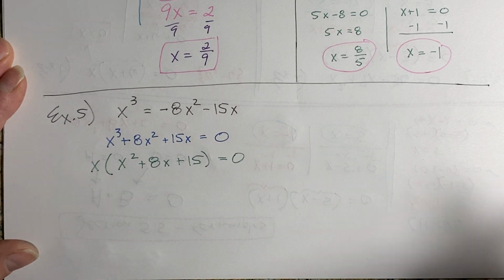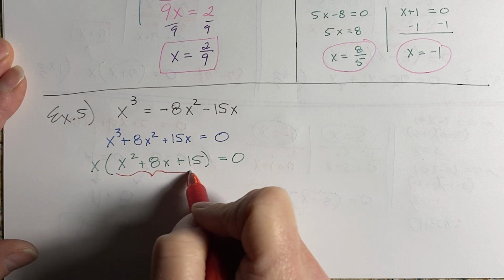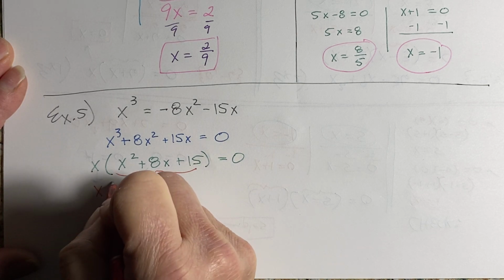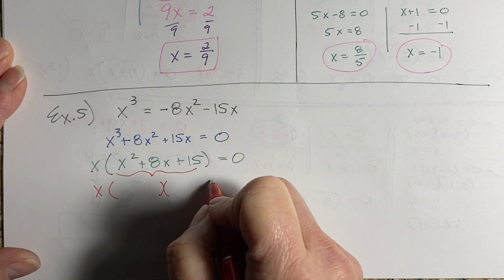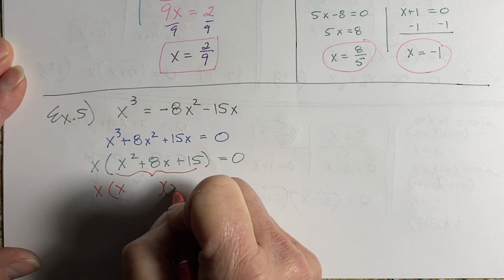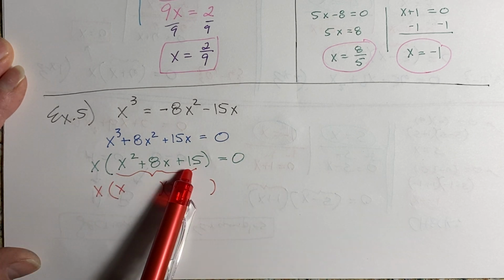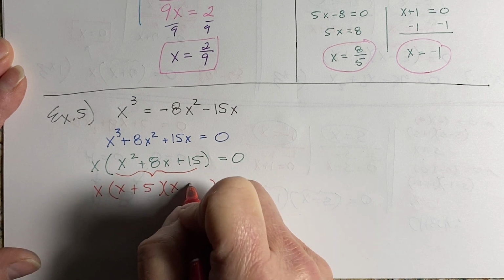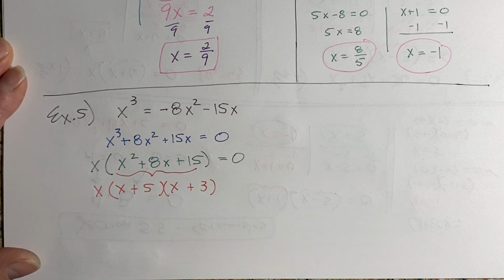Now, what's left here in the parentheses? Does that factor? We're going to factor that next. Factors of 15 that add up to 8. 5 and 3.